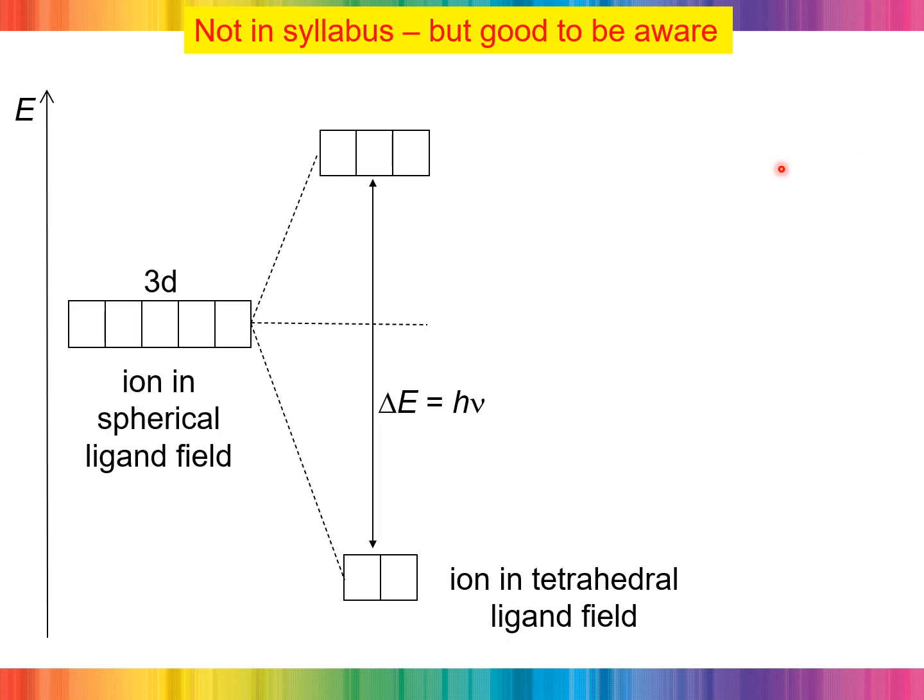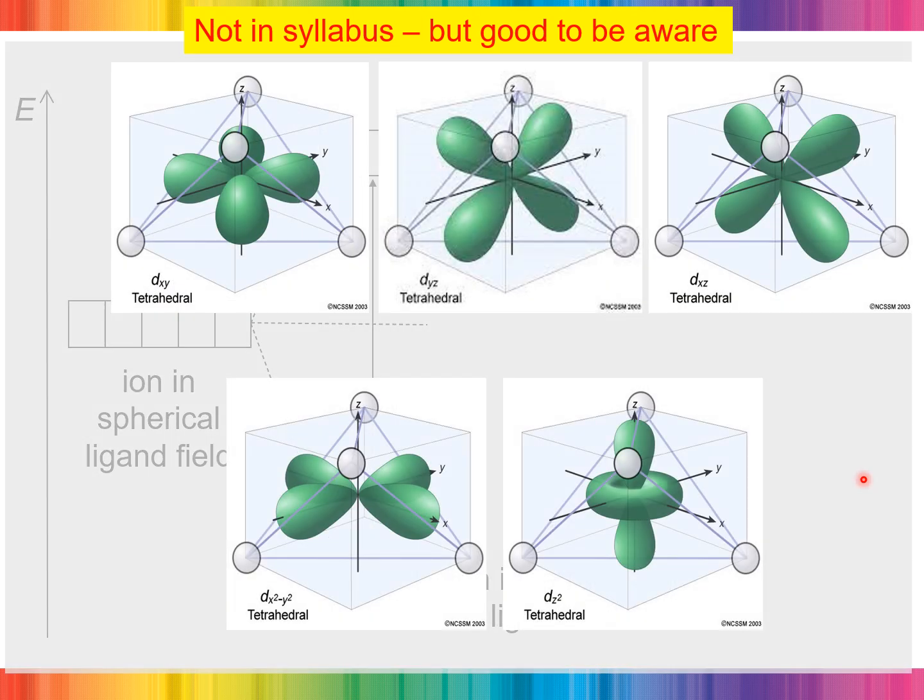Again, there's no need to learn this in detail. Just want to share that it's a reverse kind of, in terms of the number of d orbitals above and below. And this is how it looks, for the way the d orbitals are oriented in the tetrahedral manner.